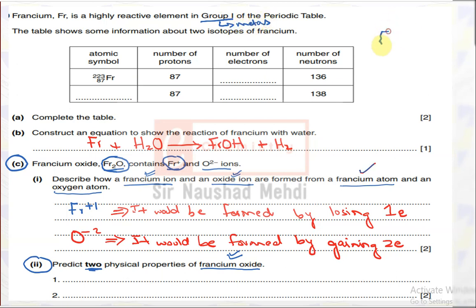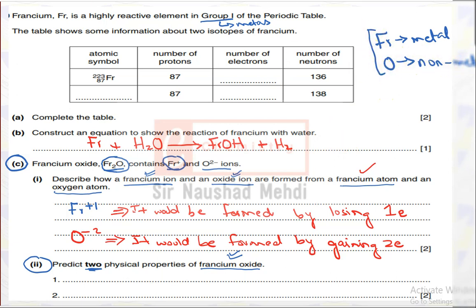So francium is a metal, and the oxygen present in this compound is a non-metal, because oxygen is in group 6, and the group 6 elements, including oxygen, are non-metals.